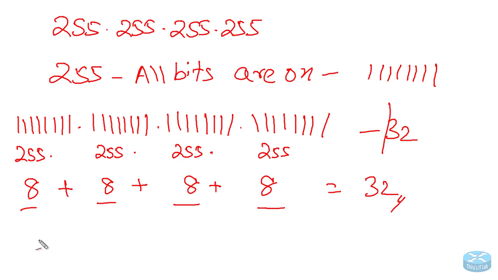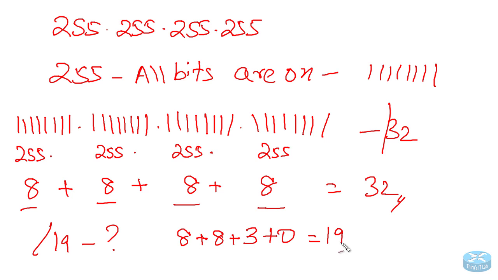So let's say if it's /19, then how would you calculate the subnet mask value? In that case, I would write it like this: 8 plus 8, that's 16, and then 3 more, 3 plus 0. This will make it 8, 16 plus 3, 19. 19 bits are on.